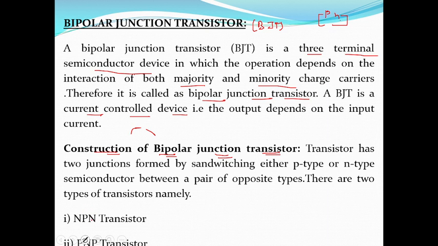NPN means a P-type semiconductor is sandwiched between two N-type semiconductors. If an N-type semiconductor is placed between two P-type semiconductors, then we call it a PNP transistor.